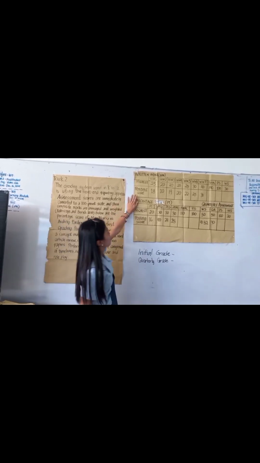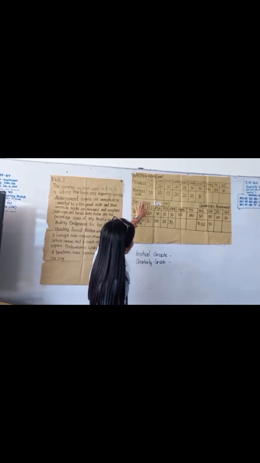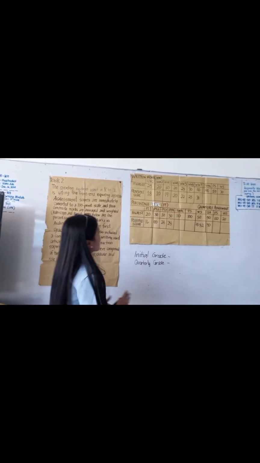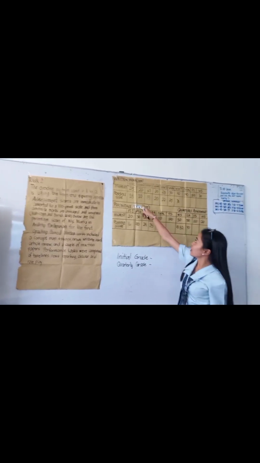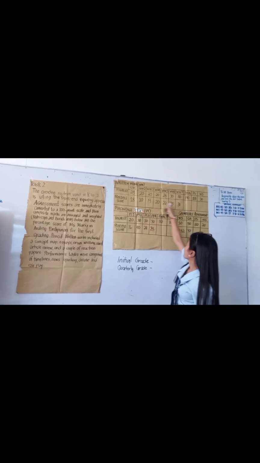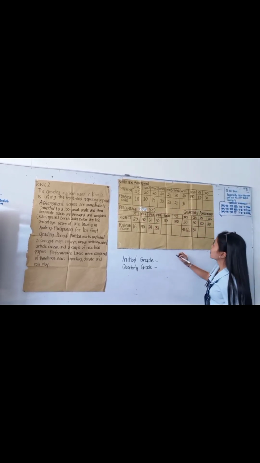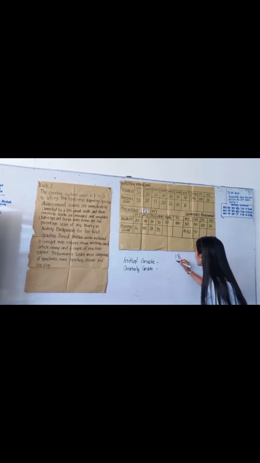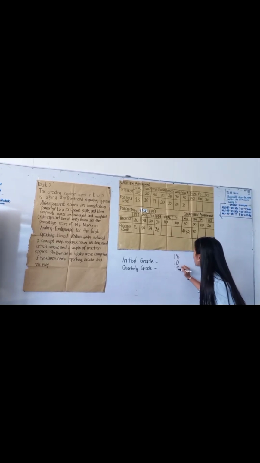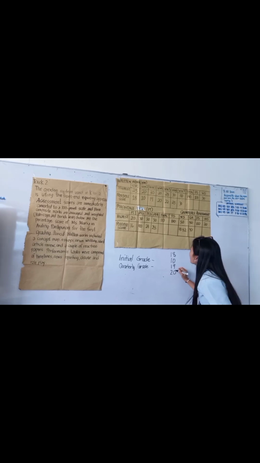So we have here the written work from 1 to 7. In order to get the total score, we're going to add the written work 1 to 7. So we have here 18, 10, 19, 20, 22, 25, and 30.